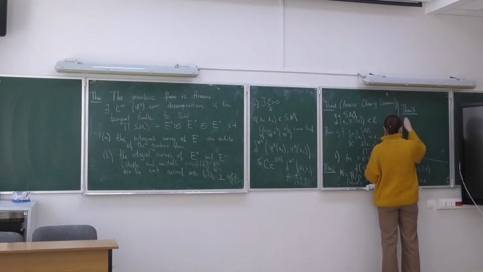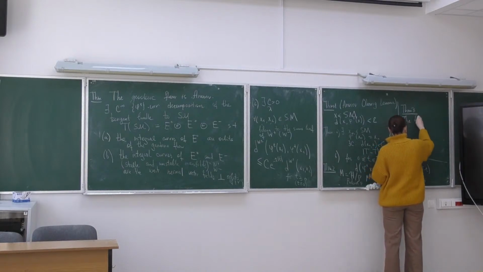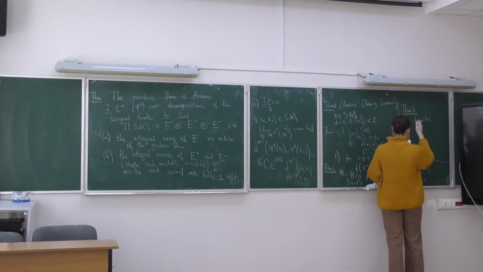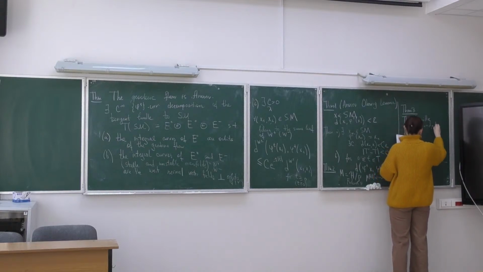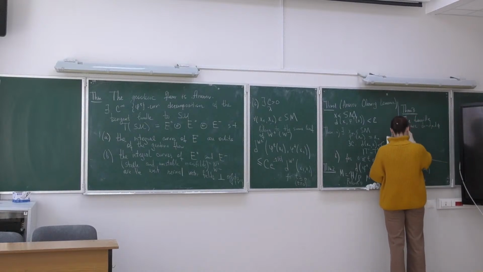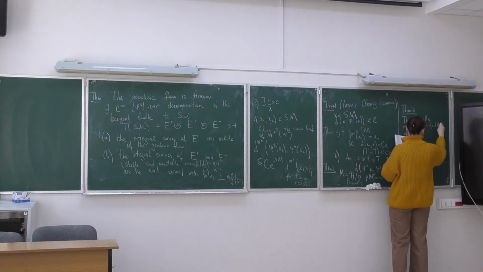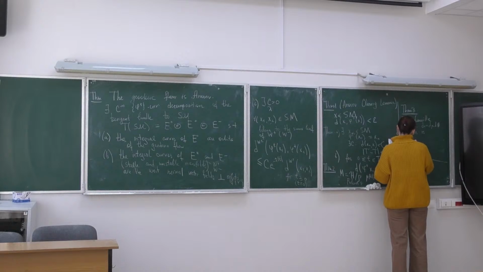So we claim that the measure d mu phi on SM is ergodic under the geodesic flow. What does it mean to be ergodic in particular?